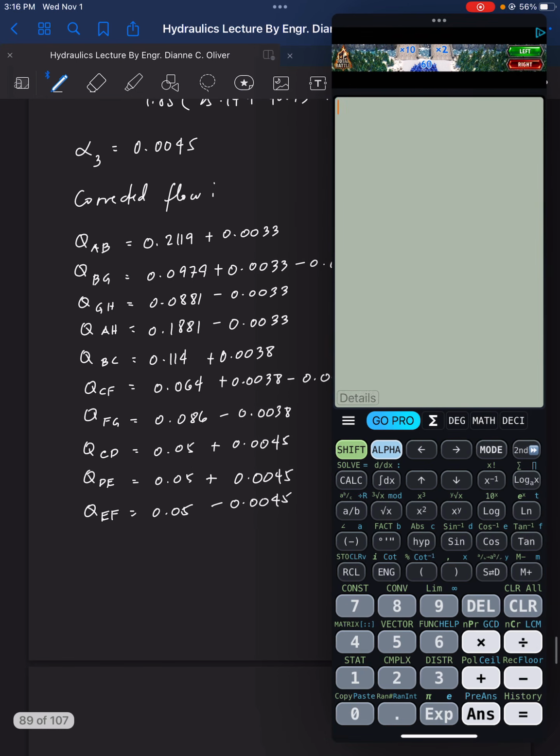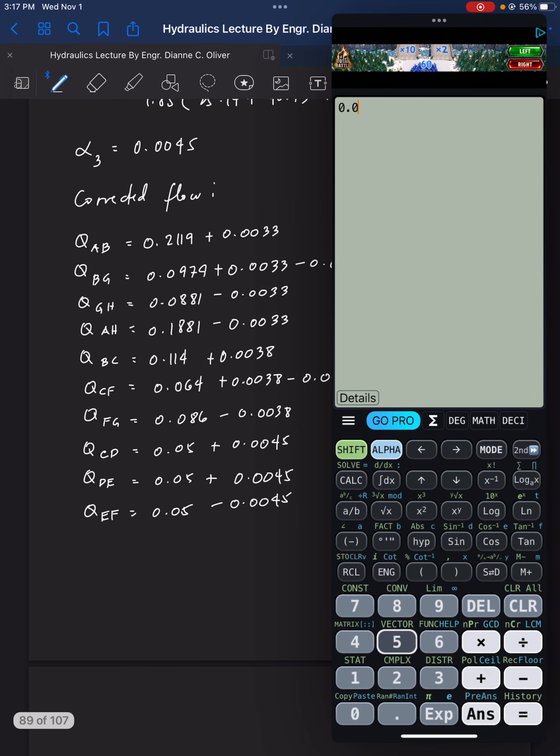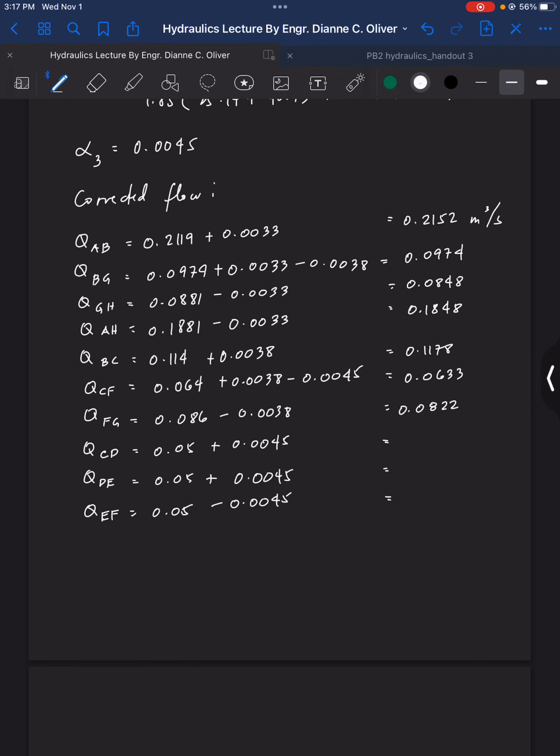Next, 0.086 minus 0.0038, 0.0822. 0.05 plus 0.0045, that is 0.0545.